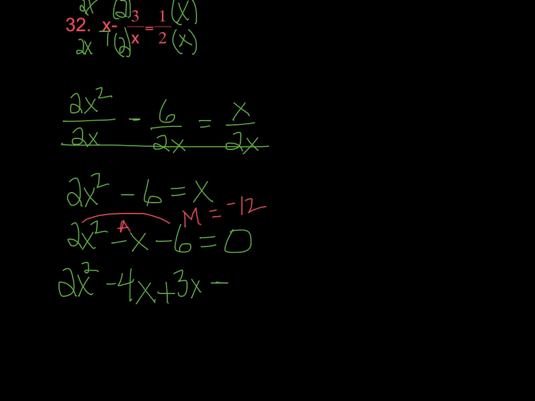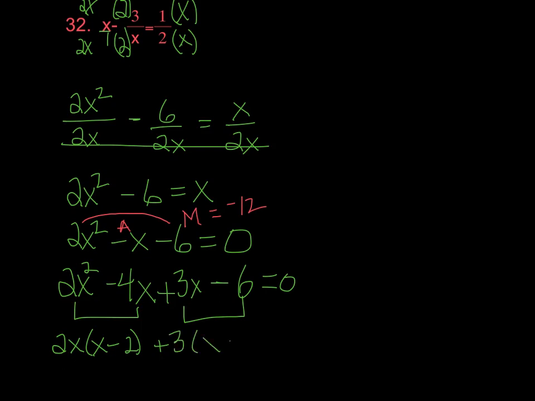And then we bring down our last term. Then we're going to group and group. And let's see what we have here. Well, I can take a 2x out of the first group, and that's going to leave me with x minus 2. I can take a 3 out of the second group, and that's also going to leave me with x minus 2, which is a bonus.